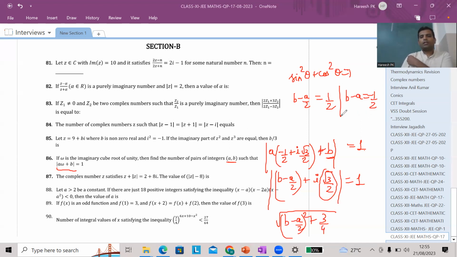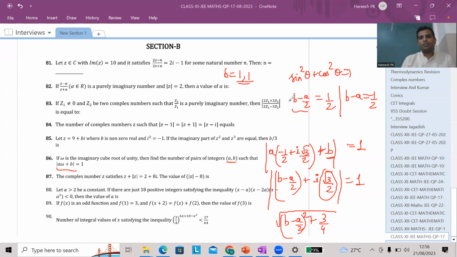So if b minus a by 2 is half, one possibility is you can take b as 1, a also 1, right?